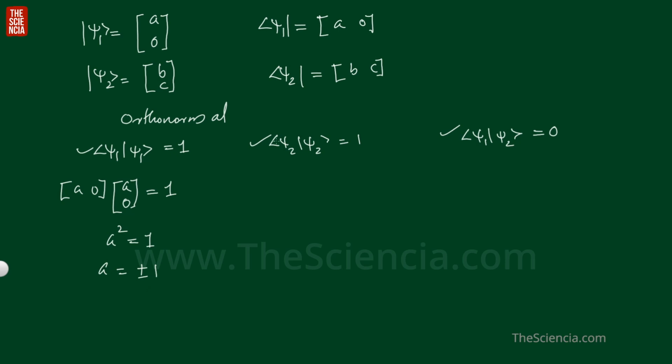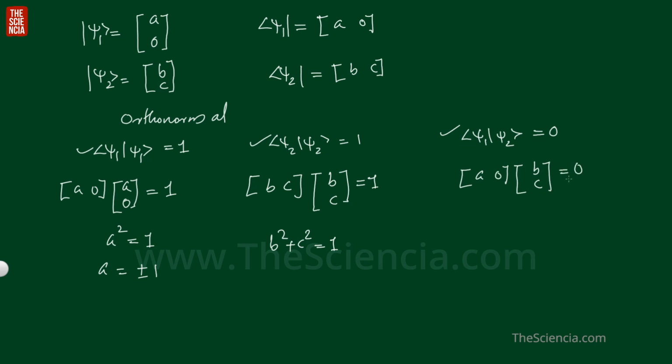Now we can substitute for the second equation, that is bra psi 2 ket psi 2 is equal to BC into BC, and that will be equal to 1. That is B square plus C square is equal to 1. Now the third condition, that is bra psi 1, matrix A0, into ket psi 2, that is B C, is equal to 0.